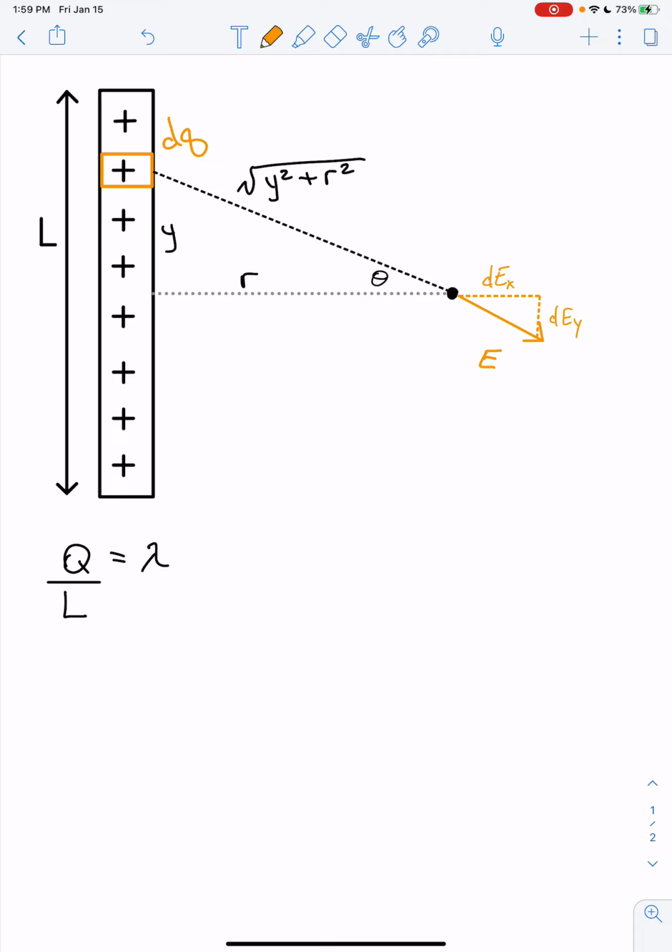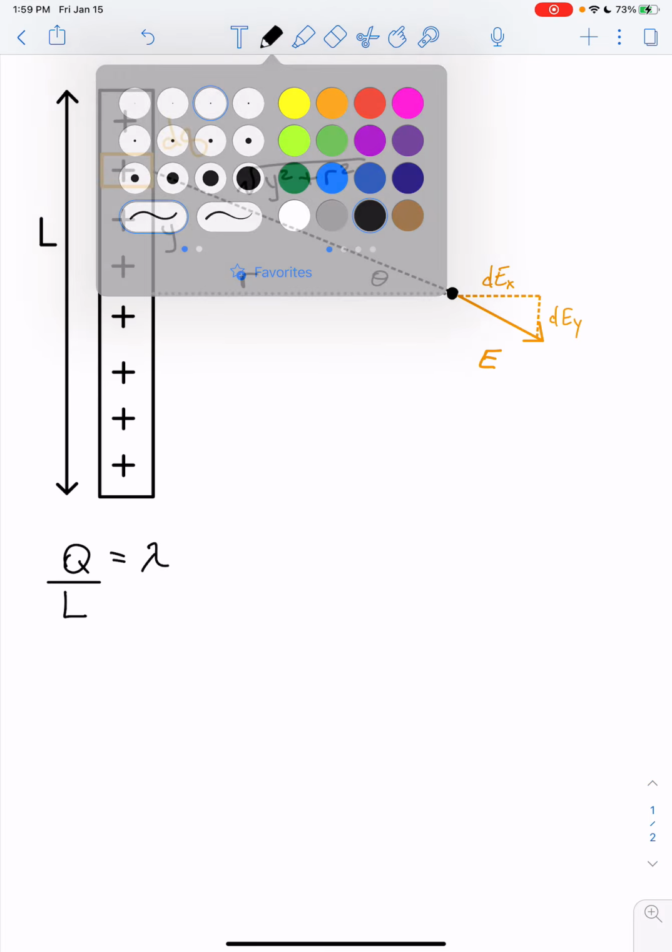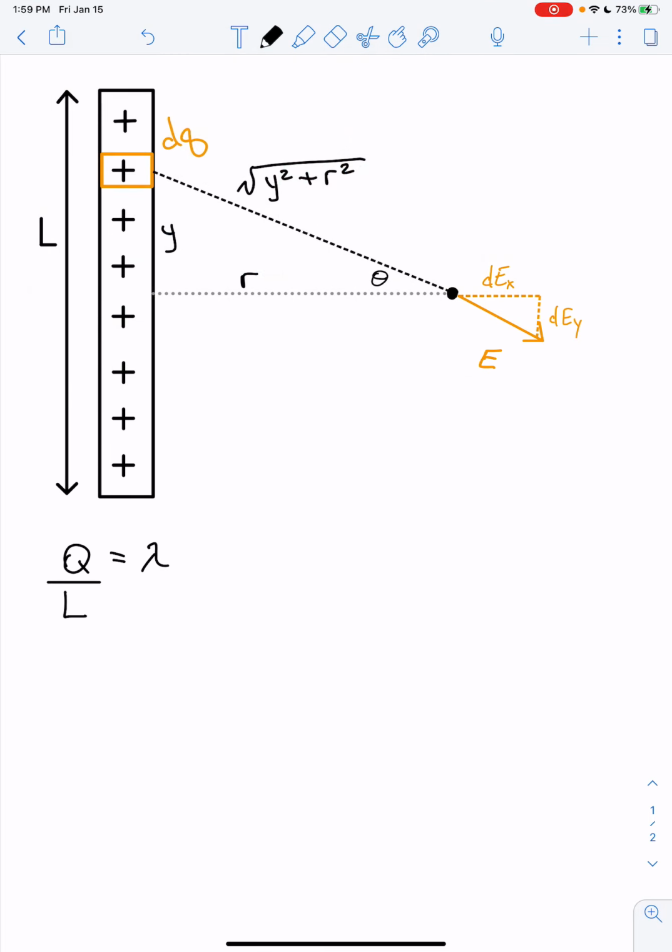So if we want to know the x component here, we need to know the angle. So how do we get the angle? Well, let's take a look. We can apply our SOHCAHTOA.